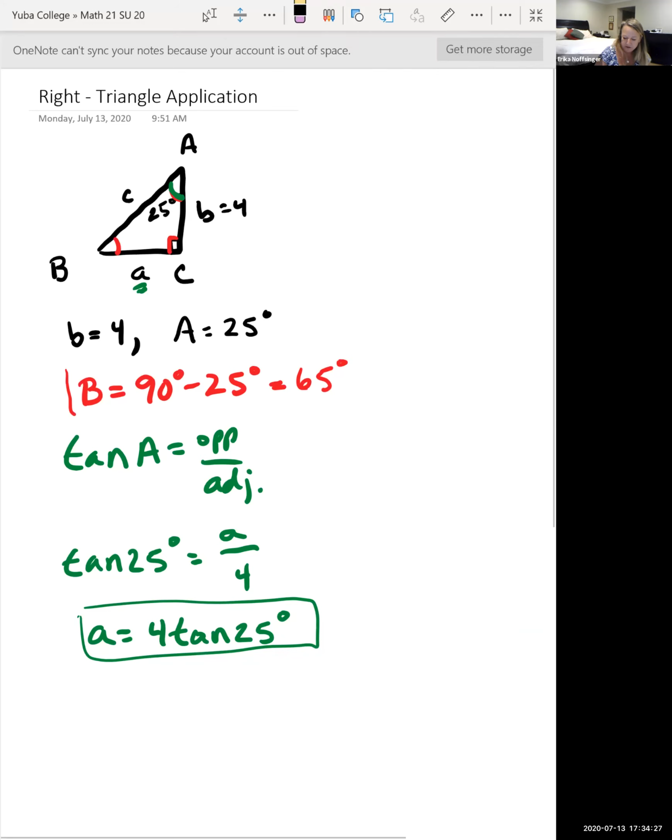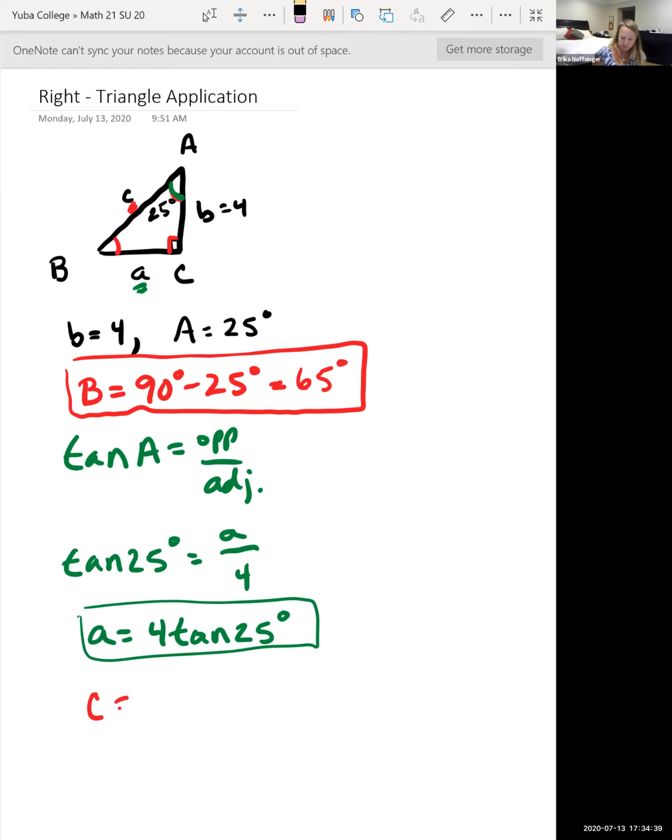And there are 2 different ways that we can deal with finding side C. We can use our Pythagorean theorem, or we can do the same thing that we were just doing. So let's do it that way. If I wanted to find side C, let's look at angle A, and we have the adjacent side and we want the hypotenuse. So which trig function uses adjacent and hypotenuse? That is cosine.